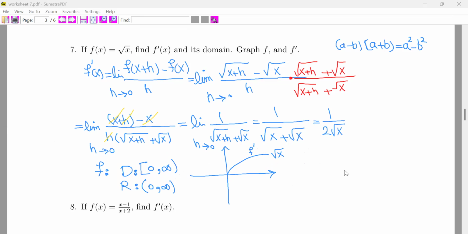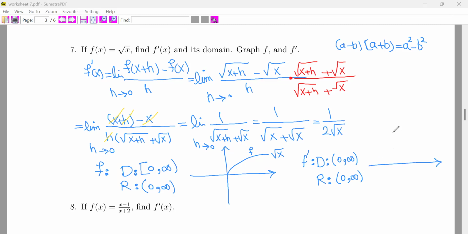This is f. And for f prime, since this is the formula for f prime, we would see that the domain is all real numbers, positive ones, but not 0. So it will be 0 to infinity, not included. And for the range, it will be 0 to infinity.